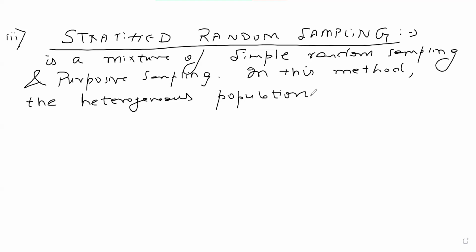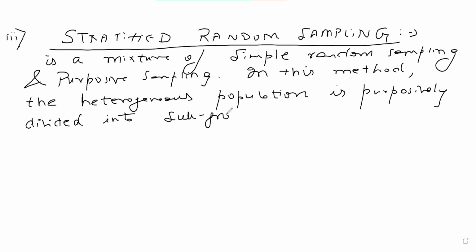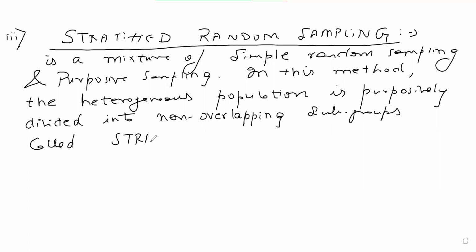So in this method, the heterogeneous population is purposively divided into subgroups. To be more detailed, I can write into non-overlapping subgroups called strata. Strata are nothing but subsets within the whole population, or I can say subgroups.